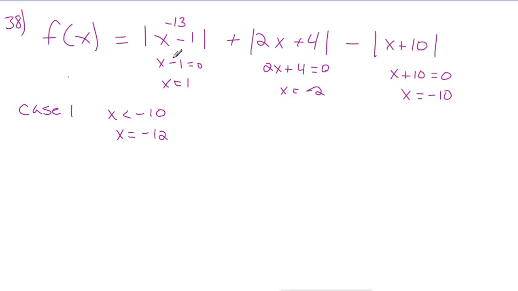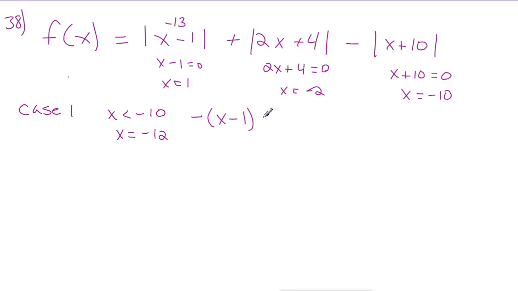So the way I can write this without the absolute value is by writing this as negative x minus 1. Because if you put x as negative 12 into this expression, we'll have negative 12 minus 1, which is negative 13 inside, but then by putting the negative outside, it will become a positive 13, which is what the absolute value does.